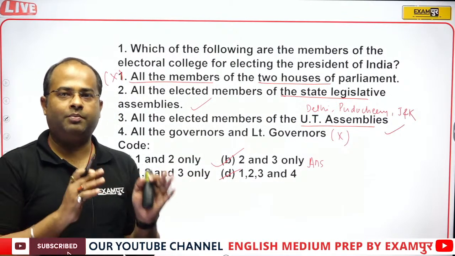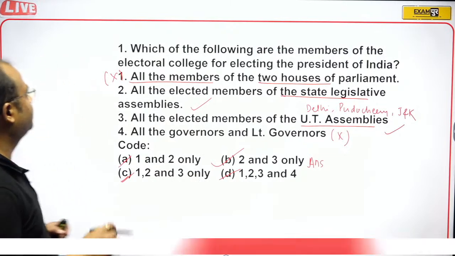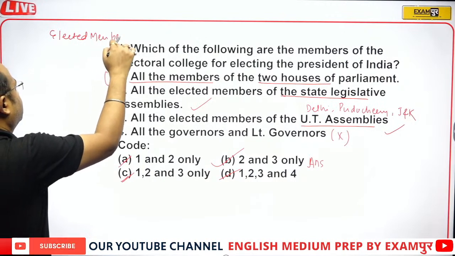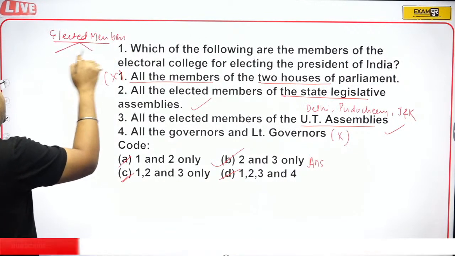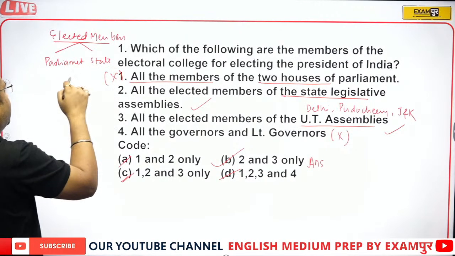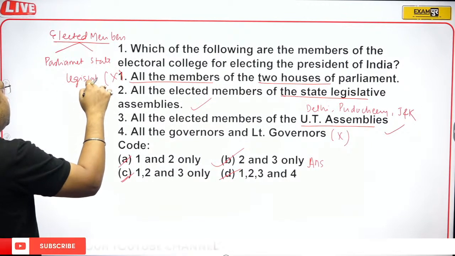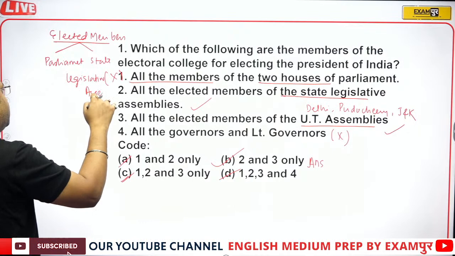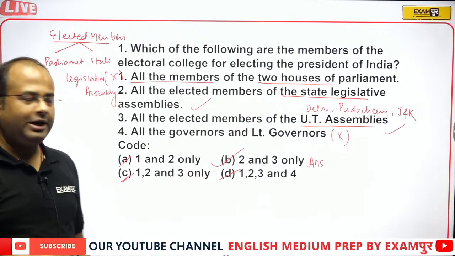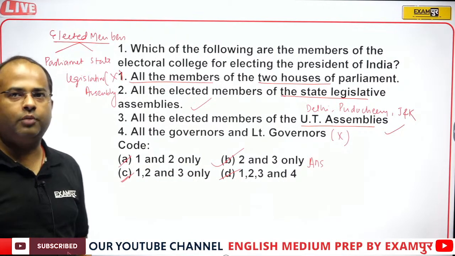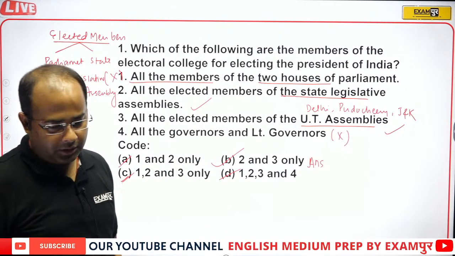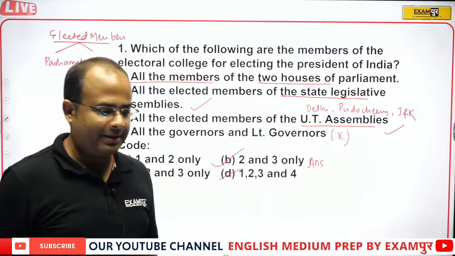Only elected members of parliament and state legislative assembly participate. Therefore the correct answer is option B, that is 2 and 3. I hope that should be clear to all of you. Elected state assemblies also participate, definitely.